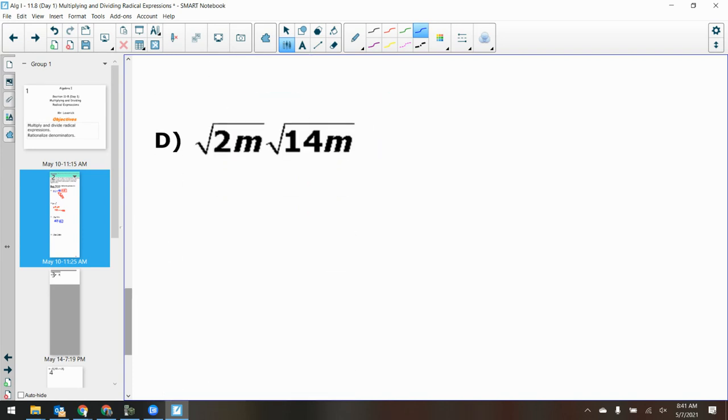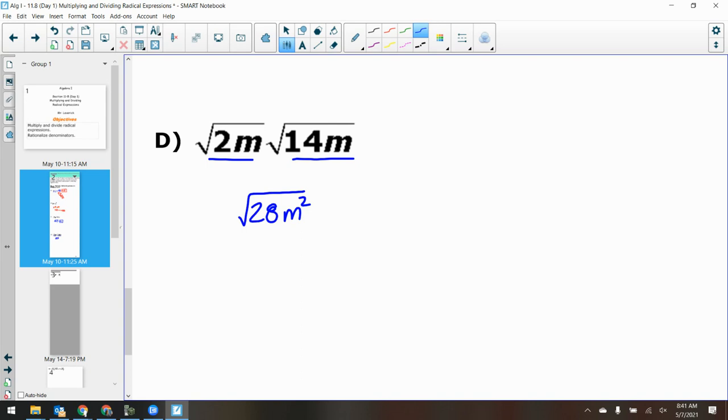Let's take a look here. I've got the square root of 2m and then the square root of 14m. Let's multiply things inside with things inside. So I've got 2m times 14m. What's 2 times 14? 28. And then m to the second. Now, is the square root of 28 a perfect square?